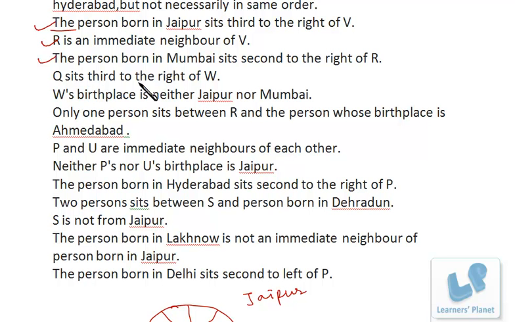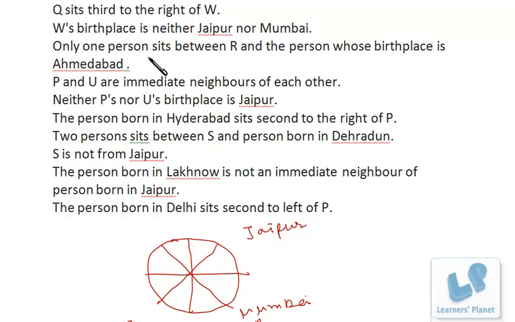Now Q sits third to the right of W, and simultaneously W is not from Jaipur or Mumbai. That means the difference between Q and W is 2 positions, that means 2 people should be between Q and W. Now we have to identify 2 positions where there is a difference of 2 positions between Q and W, right?